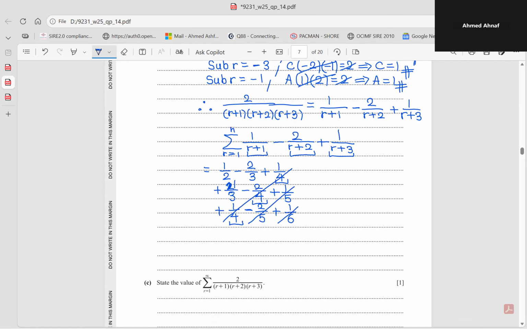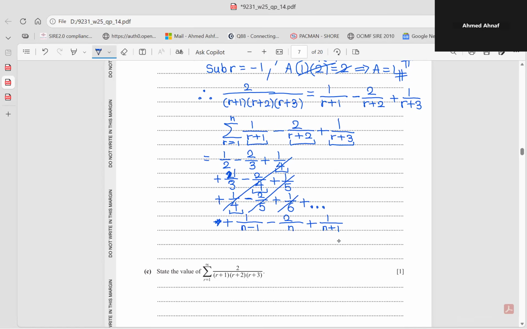Okay, so now let's fast forward and write the last terms. Dot dot dot, plus let's do n minus 2. So for n minus 2, 1 over n minus 1 minus 2 over n plus 1 over n plus 1, okay?